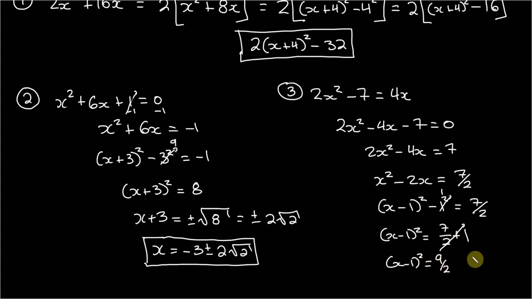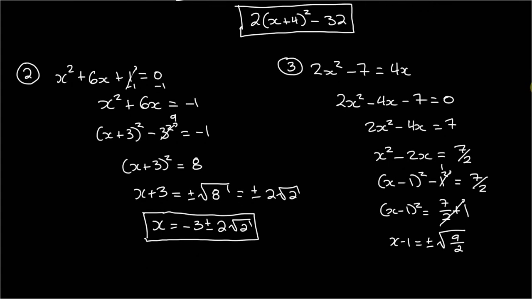And now we can take the square root of both sides. And so if I just backtrack a little bit, that's going to leave us with x minus 1, which equals plus minus root 9 over 2.